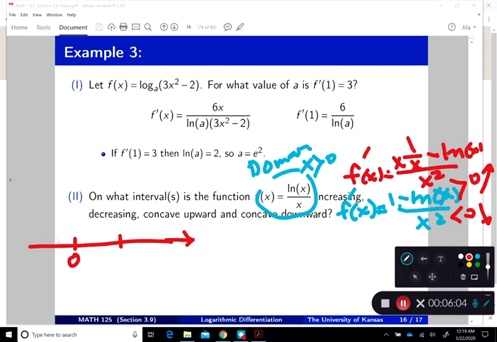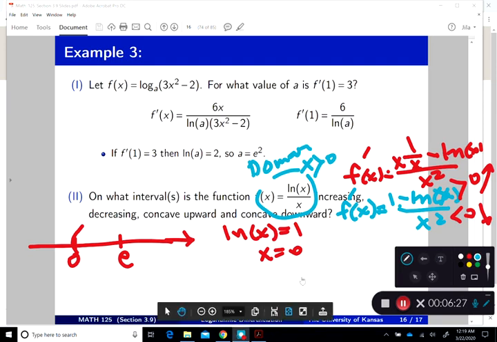Now, I know 0 is the beginning, so everything starts here. Now, there's another point that makes the numerator 0. What is that? That's ln of x equal to 1. That is x equal to e. So e over here. Now I have two intervals, 0 to e, and the other interval is e to infinity.